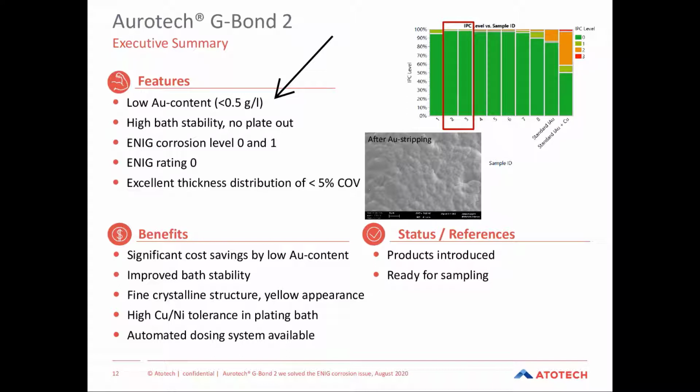The appearance of the layer is fine crystalline and yellow, and there is no tendency for any dark or reddish discoloration in the layer. And the process, as I mentioned earlier, also comes with a dosing system, which helps you to have a constant replenishment without any extra effort. As I said, products are introduced and the base is ready for sampling in tech centers or at a customer.